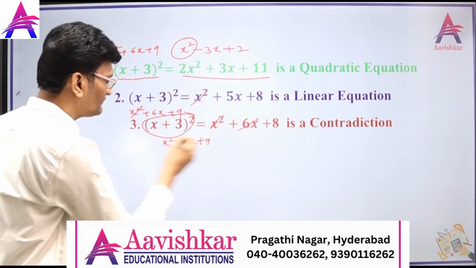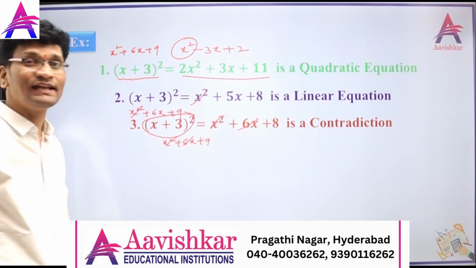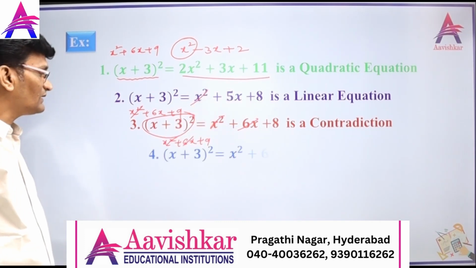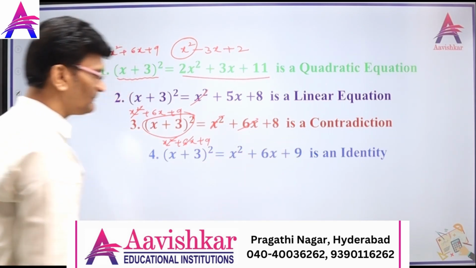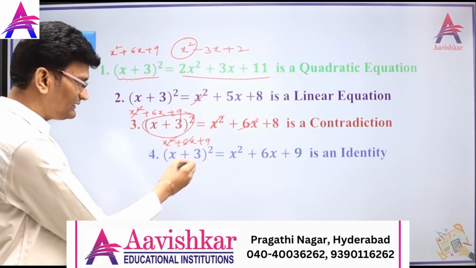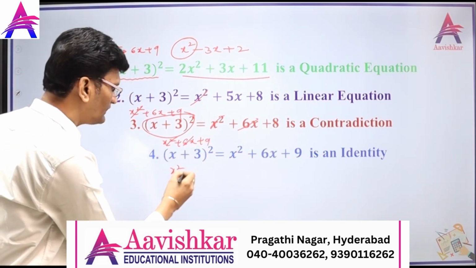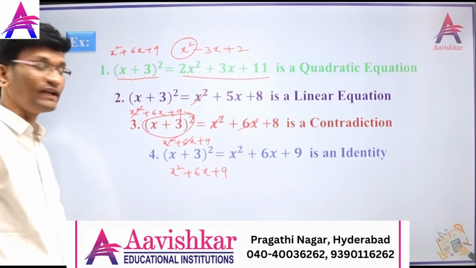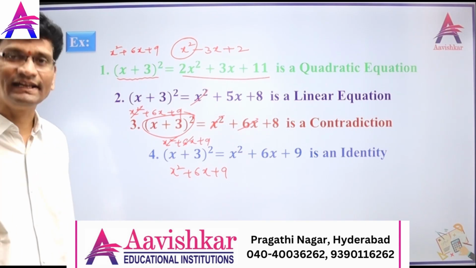Now these two terms will get cancelled. We are getting 9 is equal to 8. It means contradiction. Now the last but not least, you observe here x square plus 6x plus 9. All the coefficients are the same. Therefore, we say it is an identity.